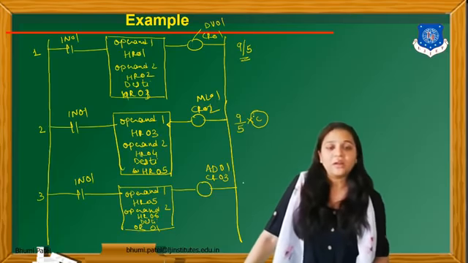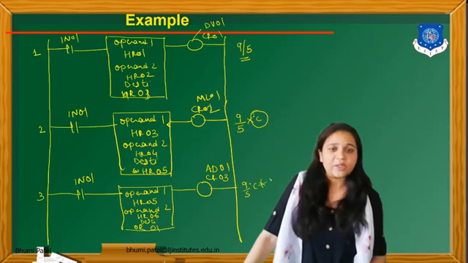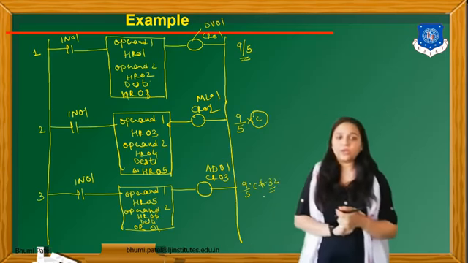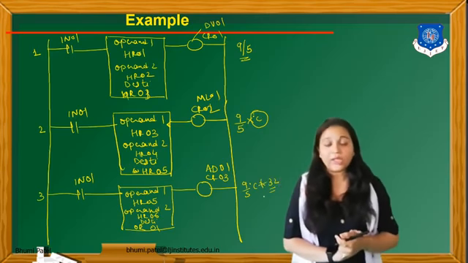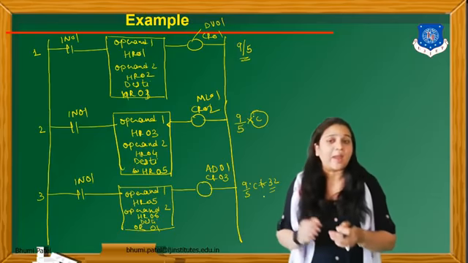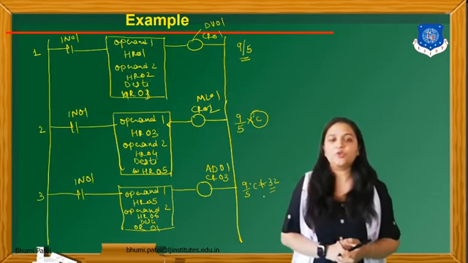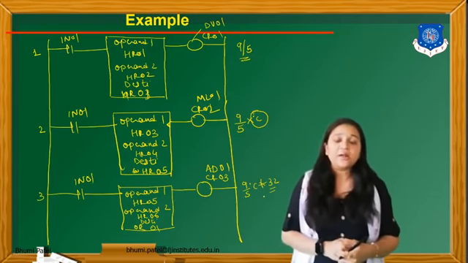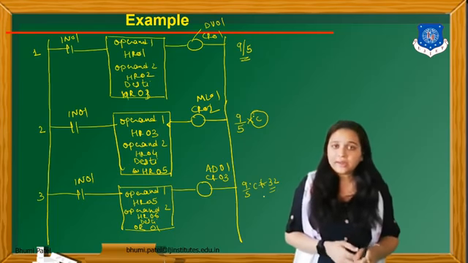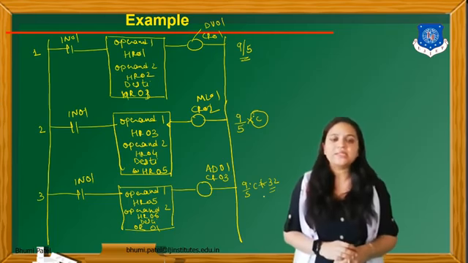After the third rung executes, we get 9 by 5 into Celsius plus 32. So we get the answer for this particular example. This is the ladder diagram to convert the temperature from Celsius to Fahrenheit. Using simple math instructions, we can easily draw a ladder diagram for any of these examples.